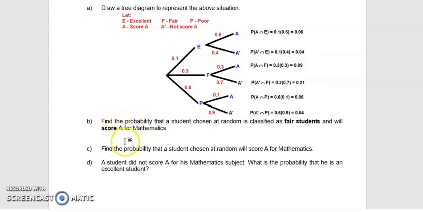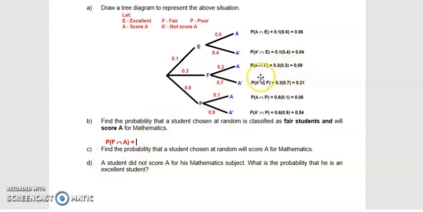Find the probability of fair students F and will score A for mathematics, so the intersection. Fair student who score A. So F intersect A is also equivalent to A intersect F.